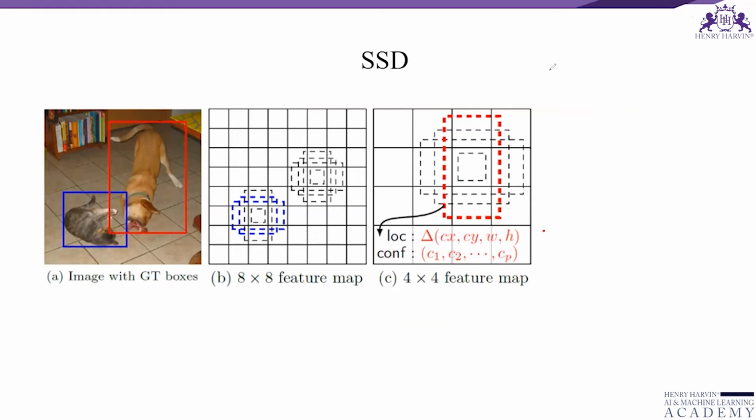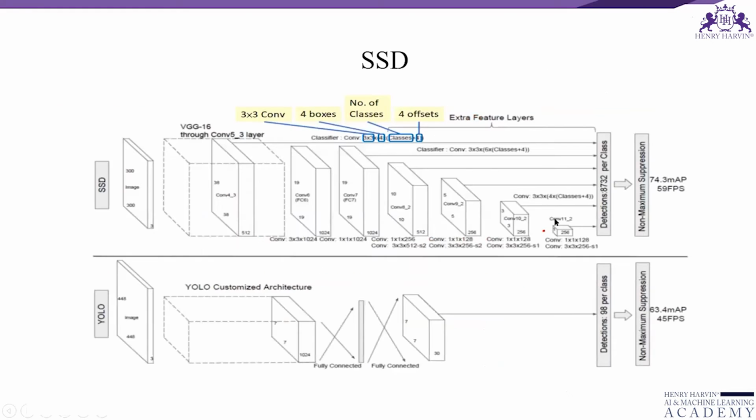So let us look into the architecture of SSD. To get more accurate detection, different layers of feature maps also go through a small 3 cross 3 convolution for object detection. For example, at conv4_3 the size is 38 cross 38 cross 512.